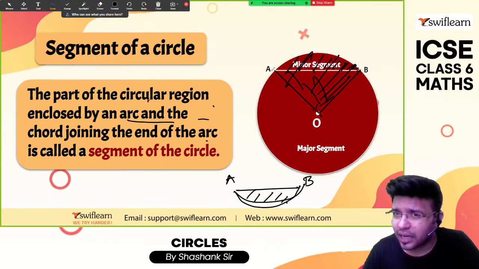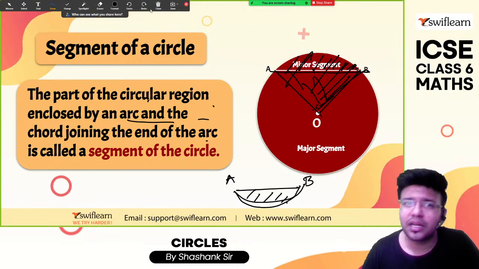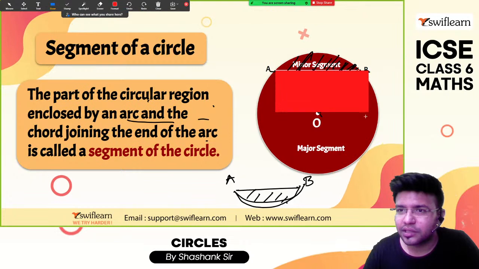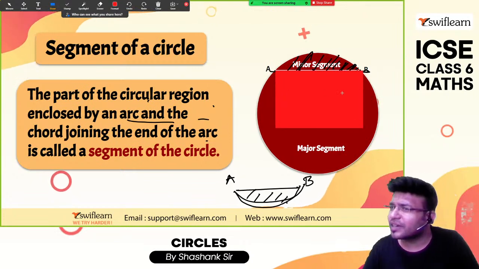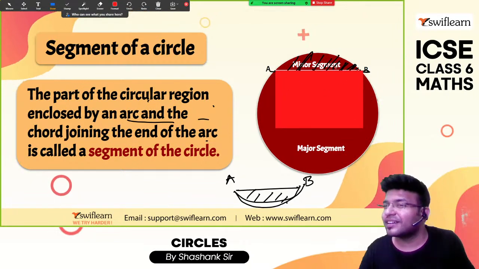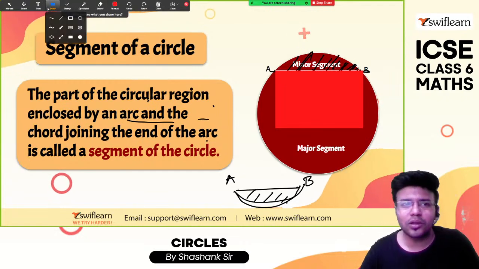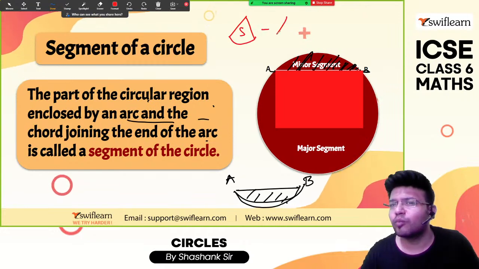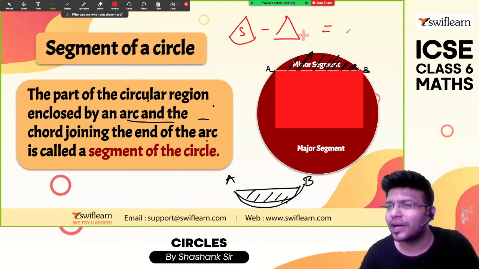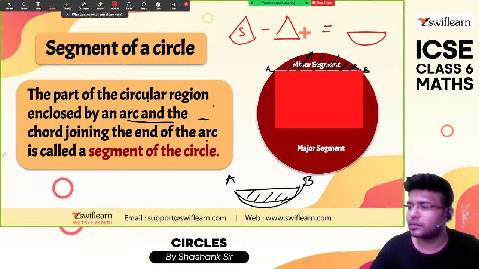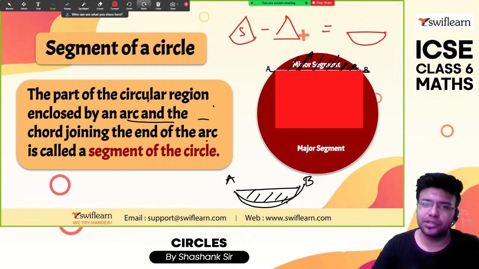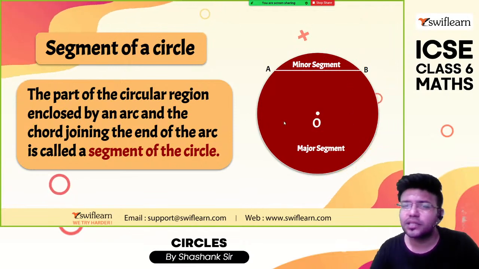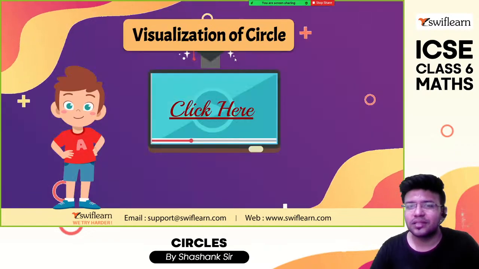And if I remove the triangular region from the sector, whatever remaining part is there, the shaded part, that is a segment. You got this? Sector minus the triangular part gives you the segment. Yes. And the smaller one is the minor segment, the larger one is the major segment.